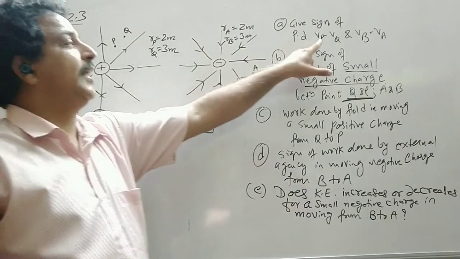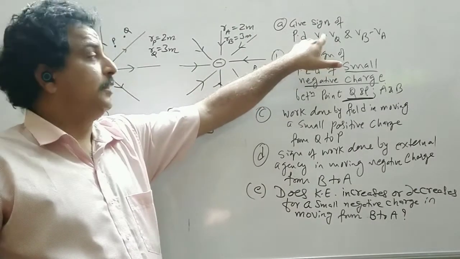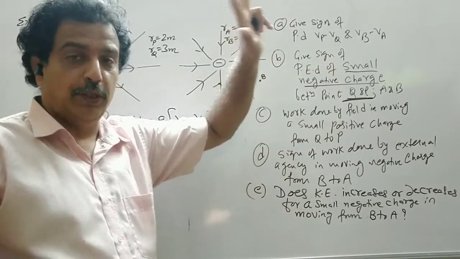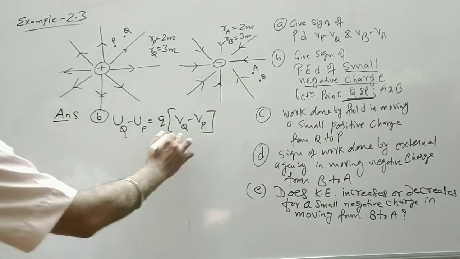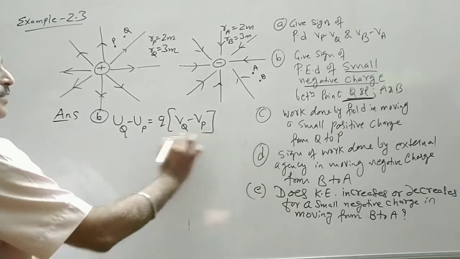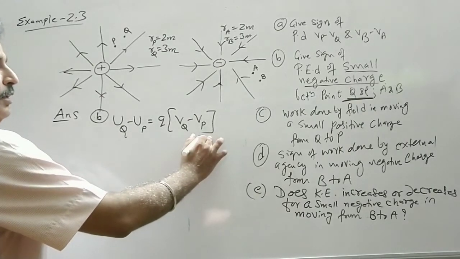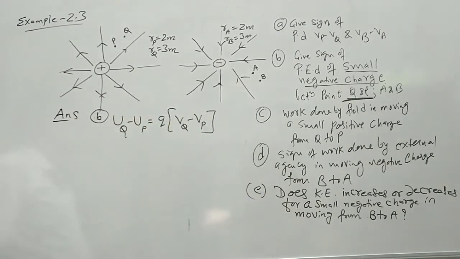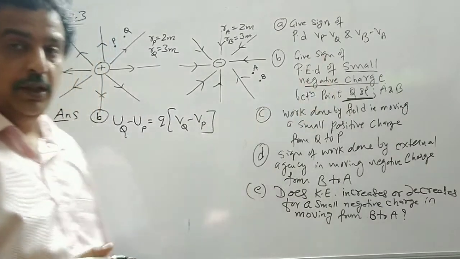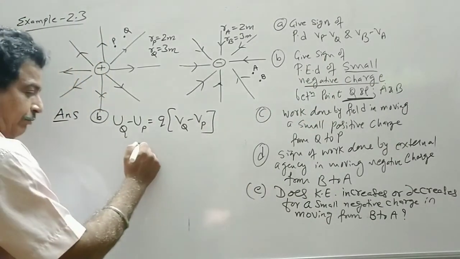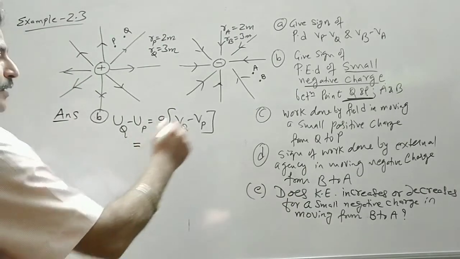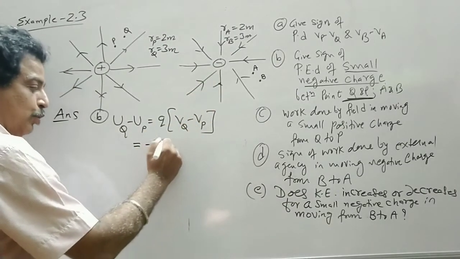Here we can take the help of the first part. VP was greater than VQ, that we have written. So this term is negative, and the test charge is negative. If you have confusion, you can write the charge as minus q.